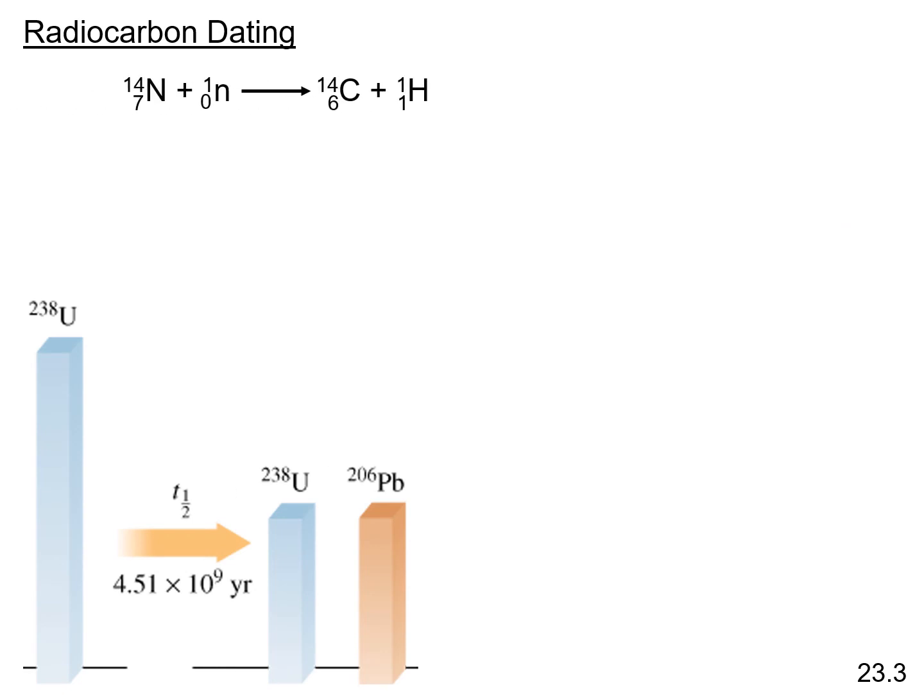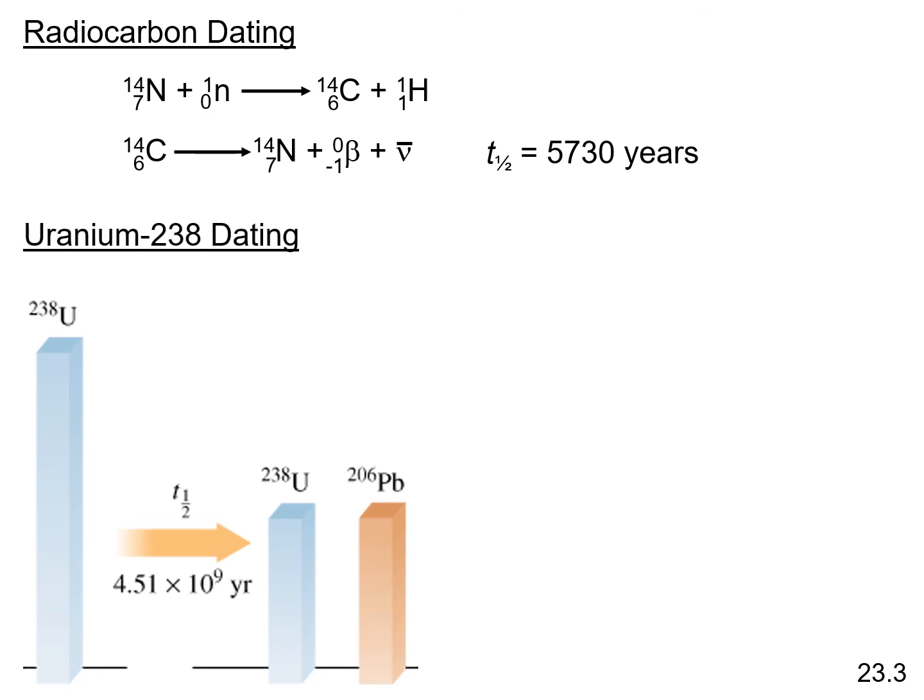One application of the half-life is carbon dating. We can estimate the age of a certain artifact or any material. The most common is carbon-14 dating. Carbon-14 has a half-life of 5,730 years.